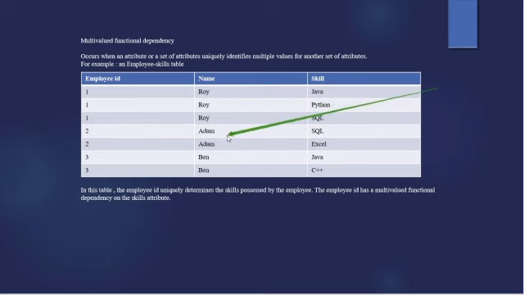Comparing to Adam, she has got several abilities, several skills, and same as to Ben. If we have got Java only here, it would be invalid, but since we have Java, Python, SQL on the first employee ID, we have got several, many types of dependent.